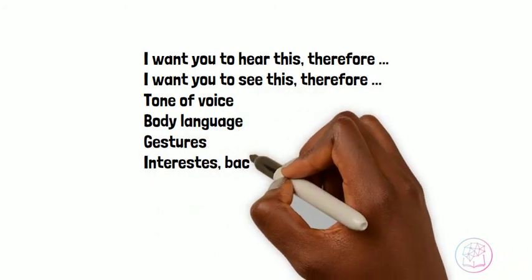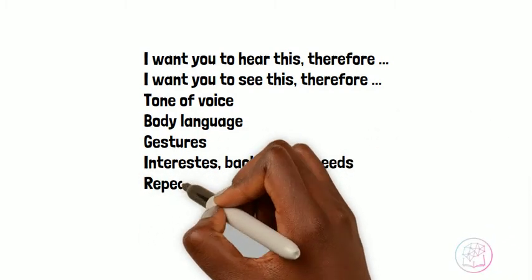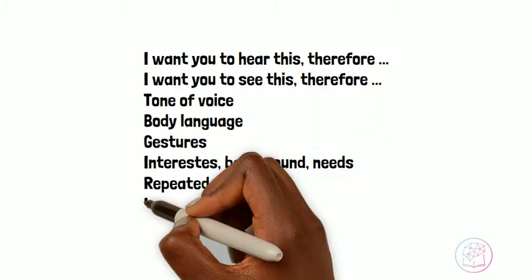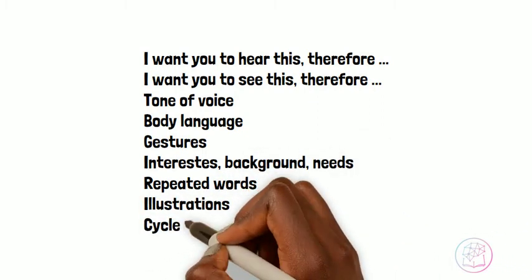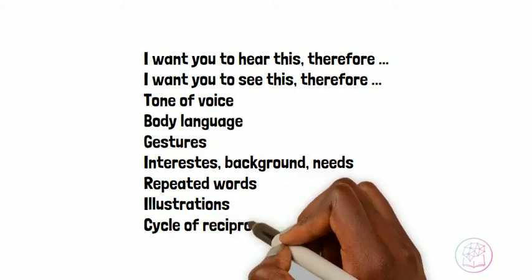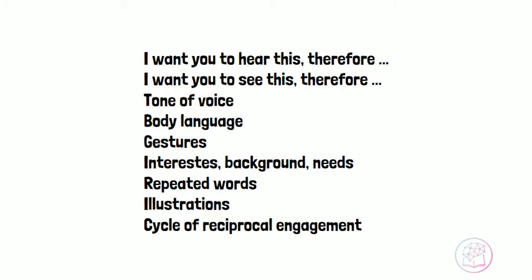At times, she deliberately steered the conversation towards Elizabeth's interests, her unique background, and needs. Sometimes she repeated essential words, and at times she even drew pictures to illustrate what she just explained. Like a skilled craftsman, Mrs. Tekete established a cycle of reciprocal engagement with Elizabeth.